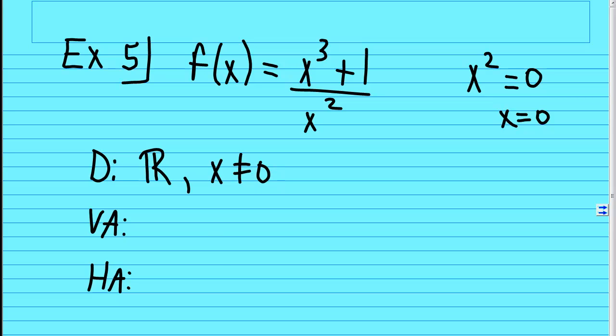The vertical asymptote is x equals 0, and for the horizontal asymptote, the numerator degree is 3, the denominator is 2. So the numerator is greater than the denominator. So when the numerator is greater than the denominator, there is no horizontal asymptote.